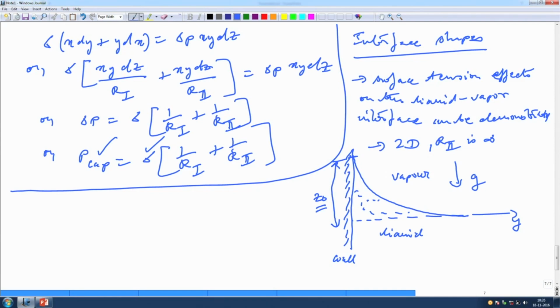Now, in order to analyze this particular problem, I think you have got a clear idea of what the problem is. We have to study what this interface actually looks like, what is the shape of this interface, and how we can describe it. There can be many other kinds of problems, but this one shows what the interface shape should be, at equilibrium.